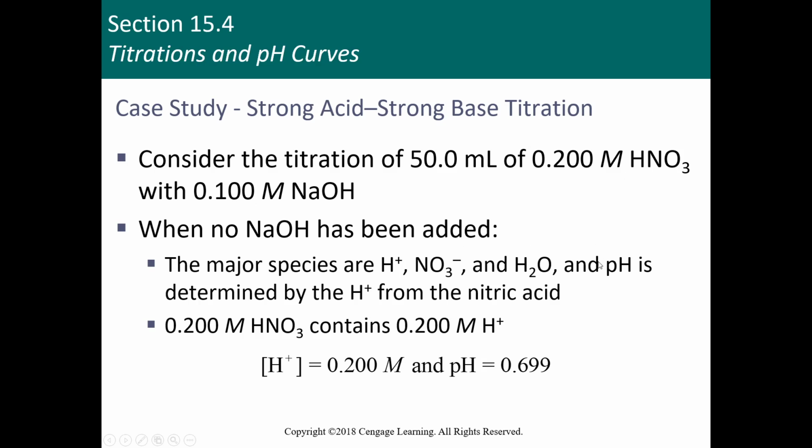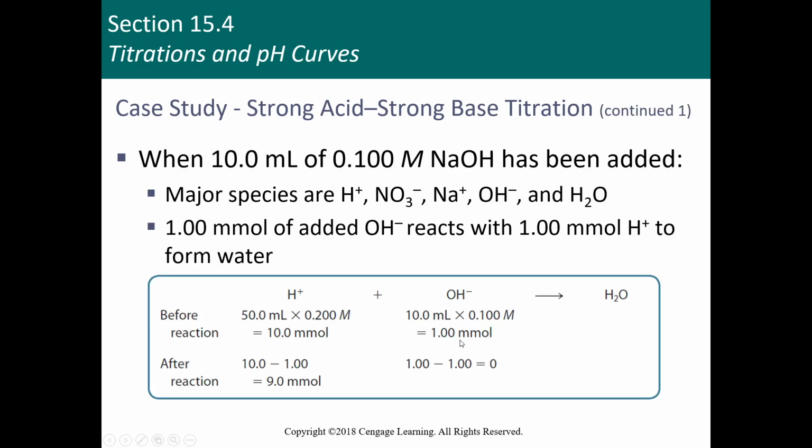The pH is purely the H plus that came off from that nitric acid, because you have an acid in solution. What you start off with is 0.2 molarity of HNO3, which gives 0.2 molarity of H plus ions because it's a strong acid. So your H plus concentration would be 0.2, and your pH would be 0.699.